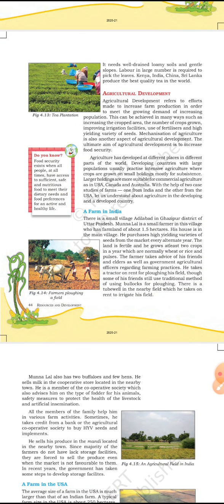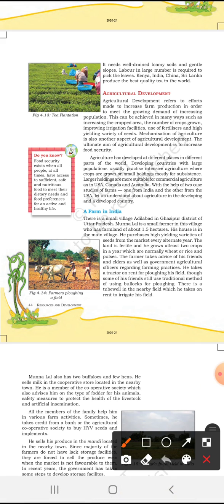So let's continue. See, children, when we talk about agricultural development, it refers to efforts made to increase farm production in order to meet the growing demand of increasing population.